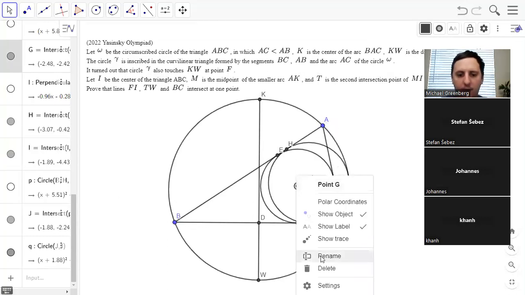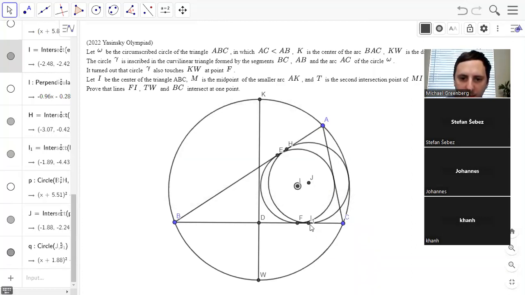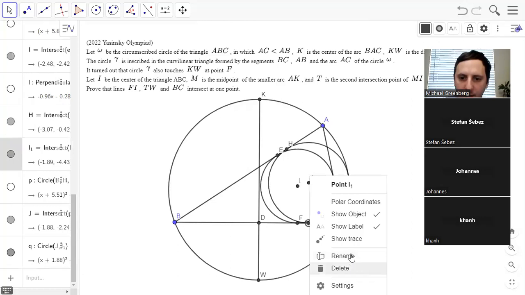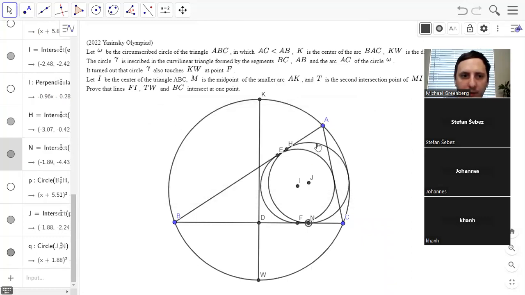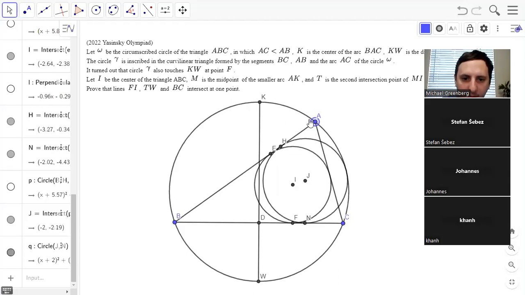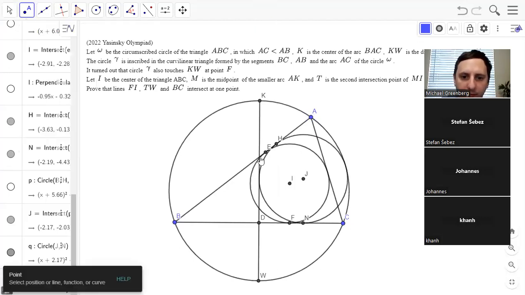So we'll call this I. Let's call this N. And it says that this is that circle gamma, and it touches KW at point F. So we want to draw the diagram so that the mixtilinear incircle is tangent at a point they're calling F.